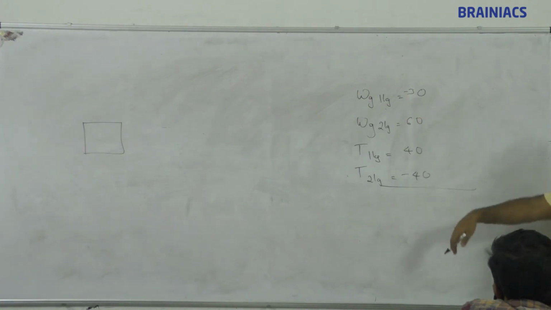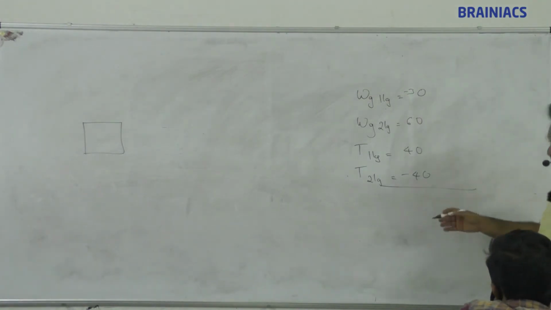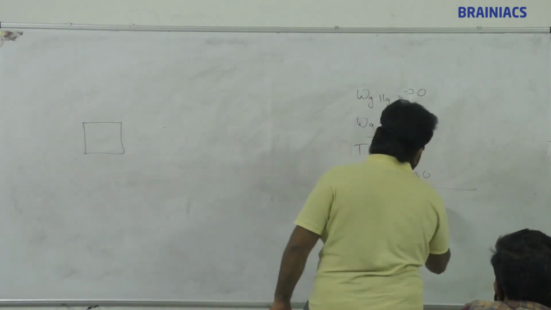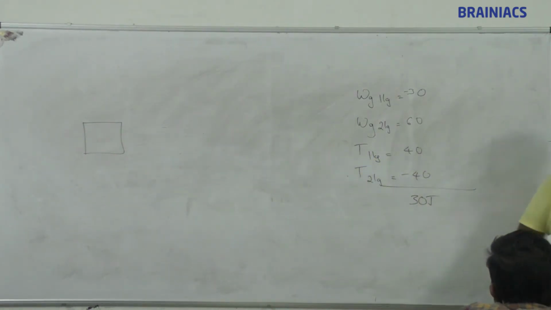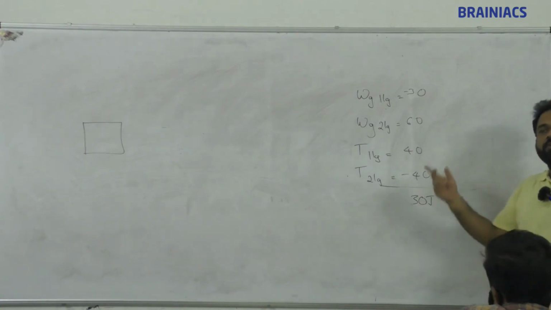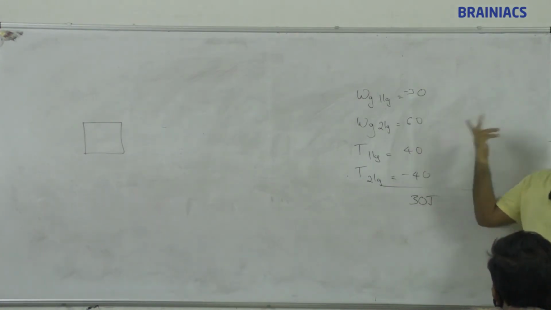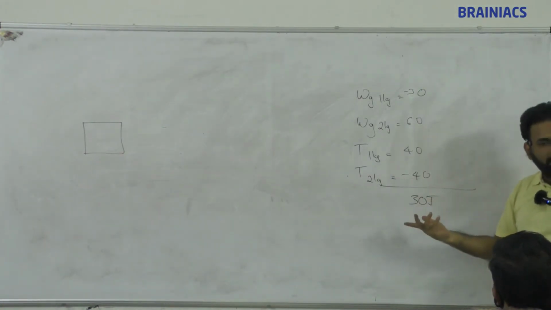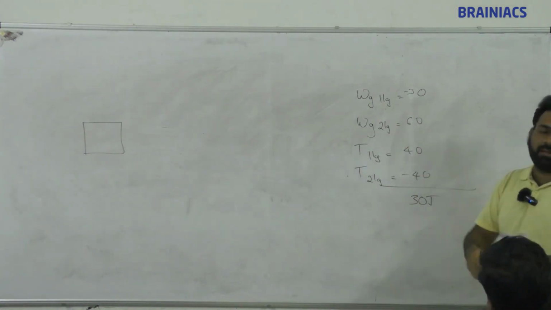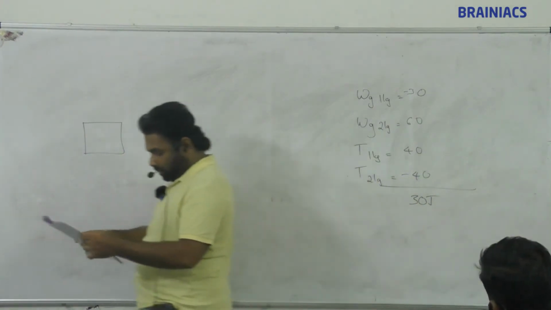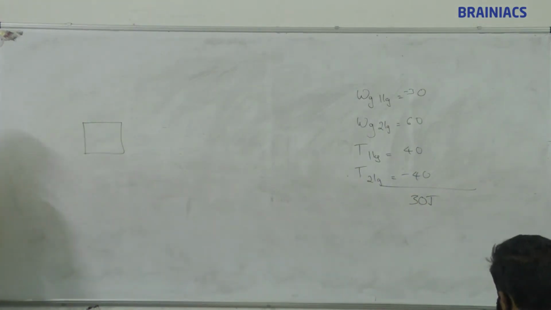This is the net work done. If you want to know the net work on the system, just add them. This is not a vector, this is a scalar. Simply you can add, maintaining the signs. If you want the net work on 1 kg or 2 kg alone, you can do that too.